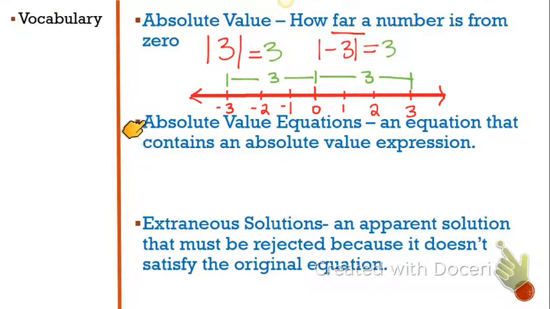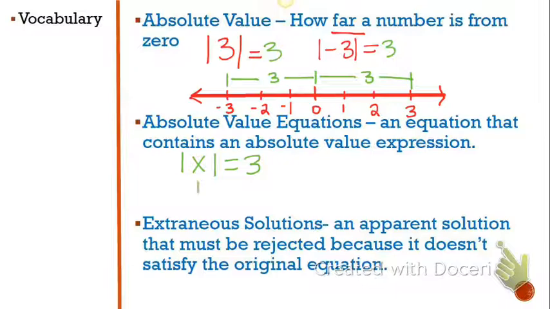Now, absolute value equations are equations that contain absolute value expressions. So now we're going to be dealing with variables. So for example, the absolute value of x equals 3. This is an absolute value equation. Okay, so our goal is going to be for us to find the value of x, okay?